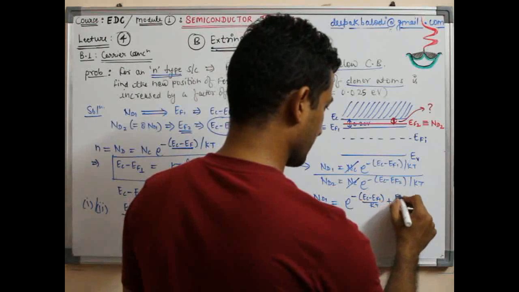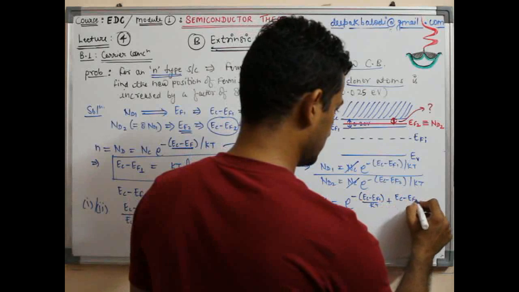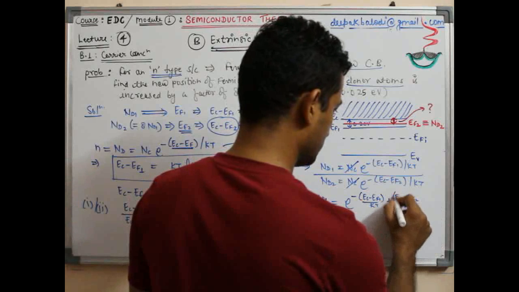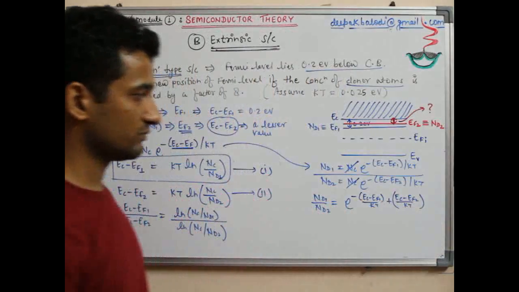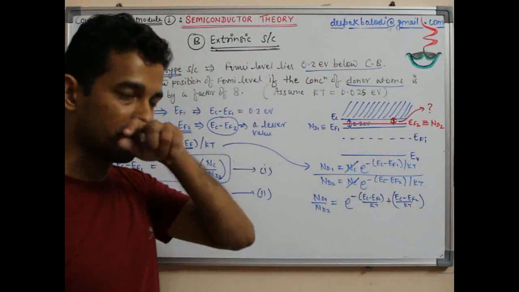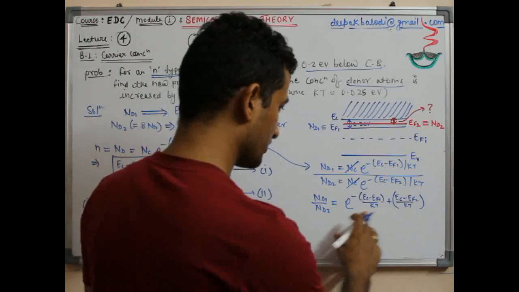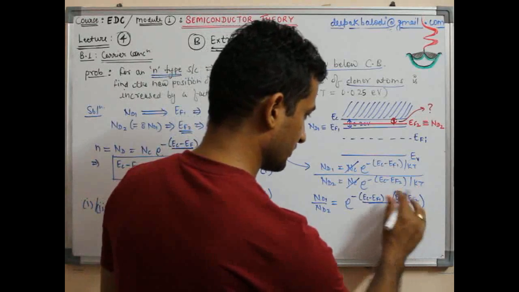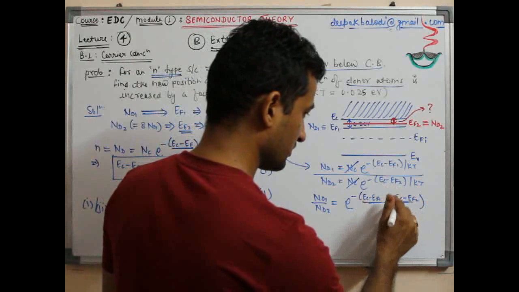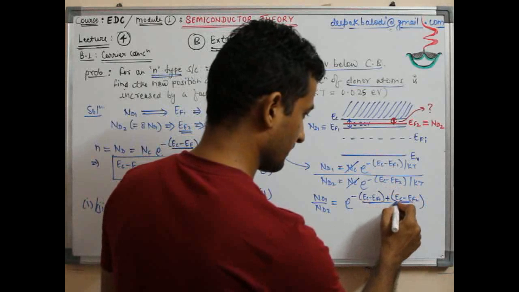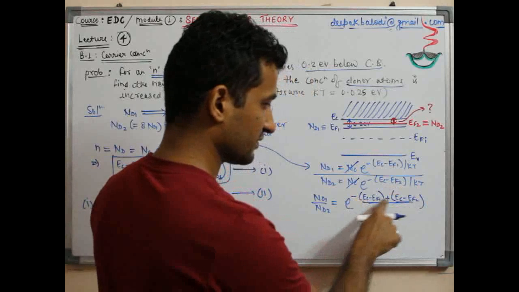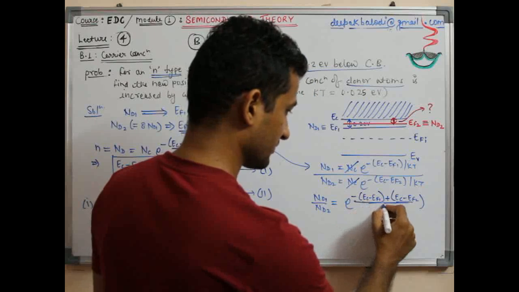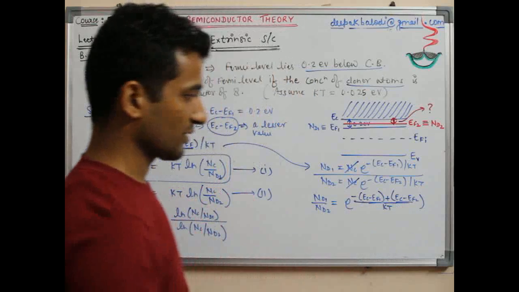When it goes up it becomes e to the power this. So therefore we can take this KT common. So KT is common, and minus, and this is plus by KT.